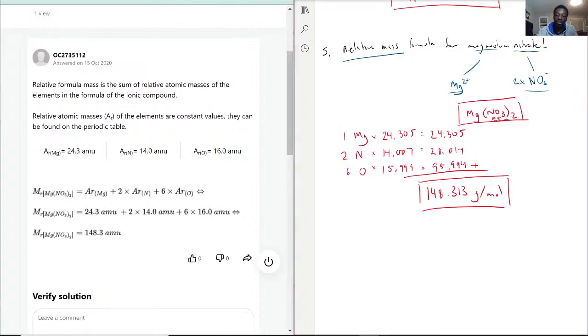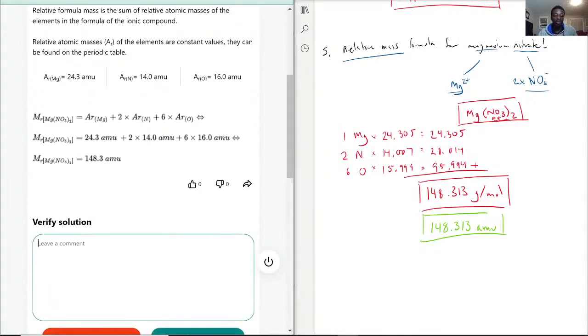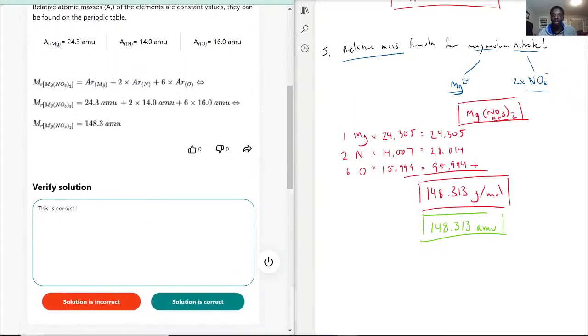But for this question, just to keep it similar, 148.313 atomic mass units also works in this case as well, because either way we know that it's the relative mass because we don't know exactly which isotopes are being used. So that's why we usually generalize with the relative mass, aka the molar mass.